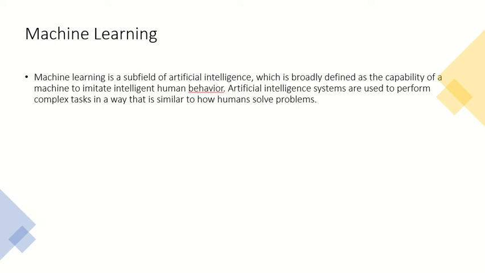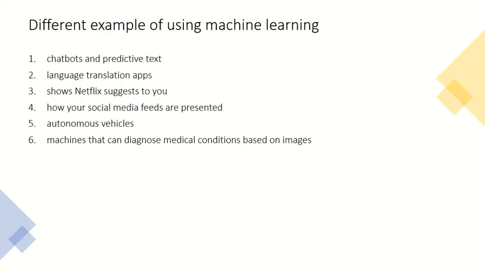There are lots of examples of machine learning, and we are using machine learning all day. For example, I have here different examples of using machine learning: chatbots and predictive text, when we write something and it is corrected automatically, or language translation apps.